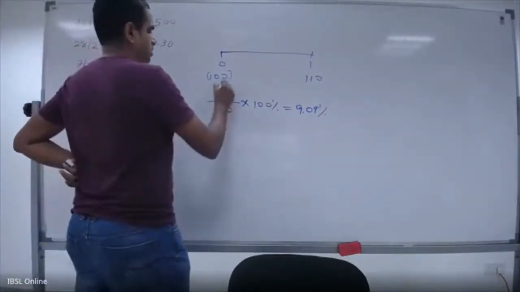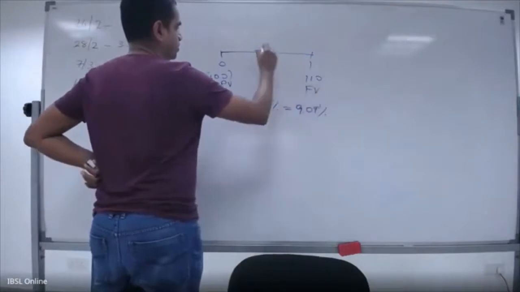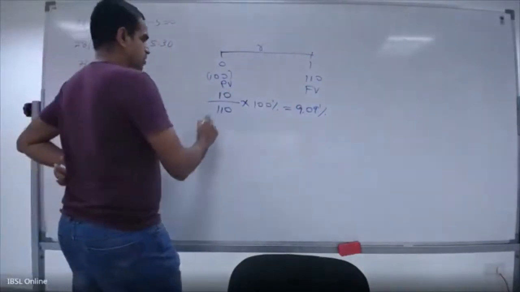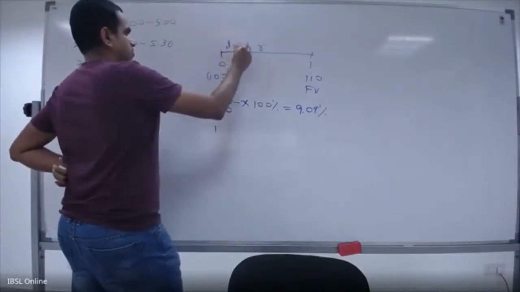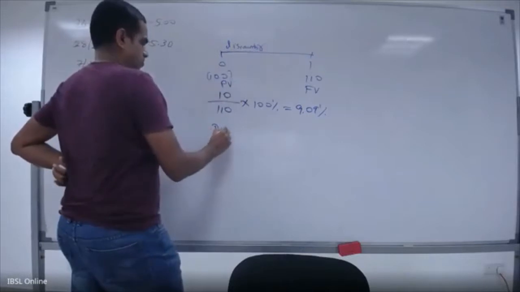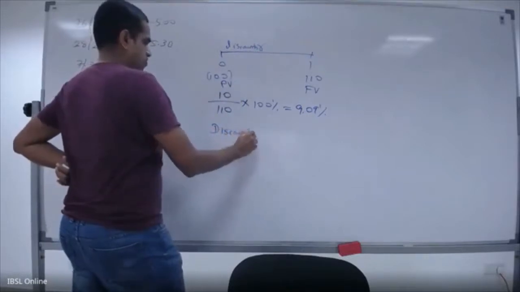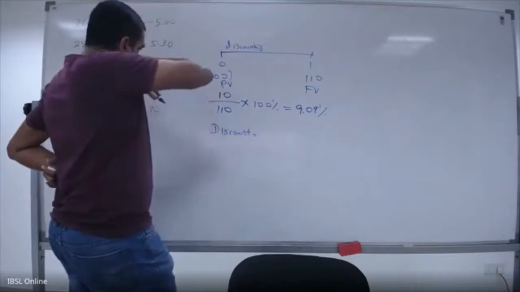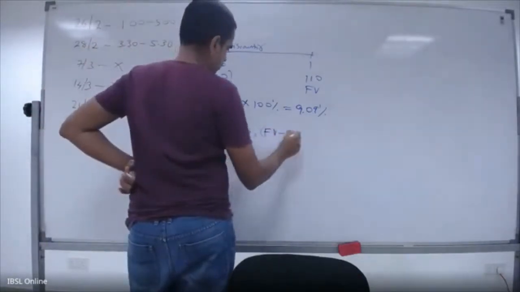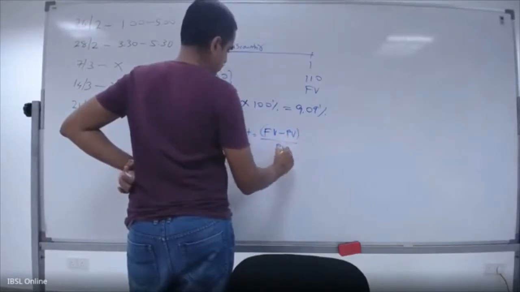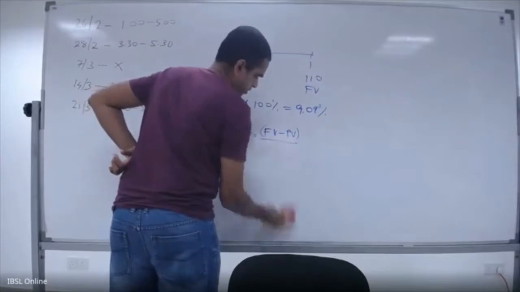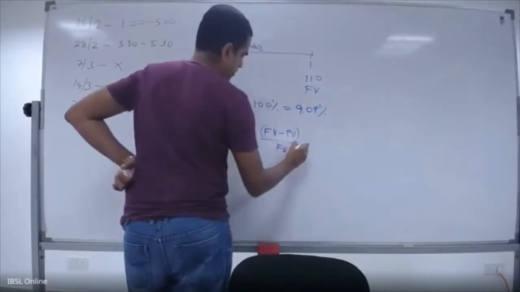So this is the present value. You will get the future value. The discount is as a percentage of face value.